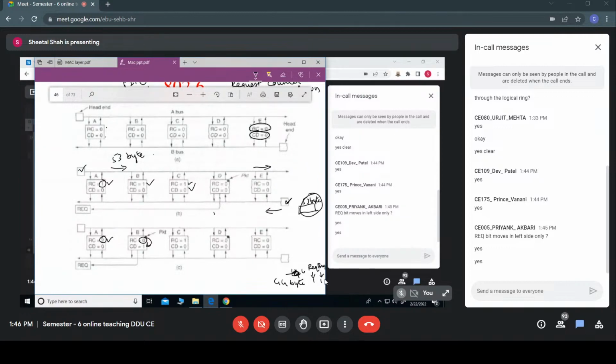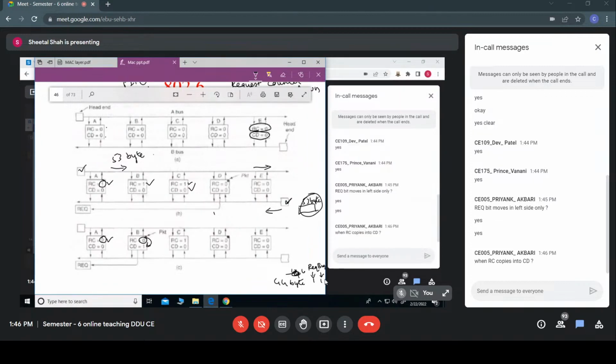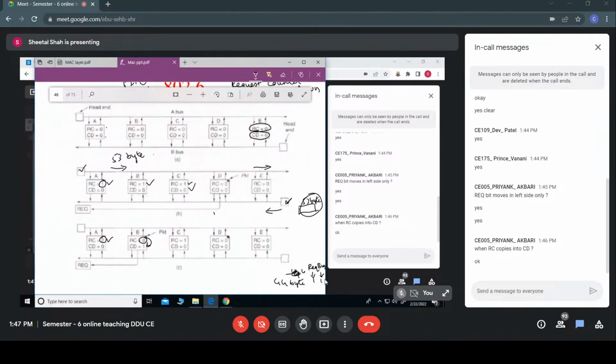So what does this indicate? For station C, it indicates that there is some station towards the right hand side which has requested. When a station wants to transmit or use the channel and is sending a request, at that time the request counter value would be copied to the CD, that is the countdown counter.